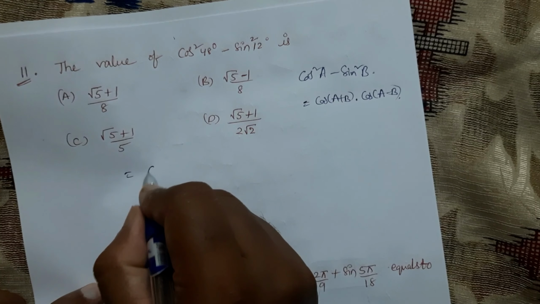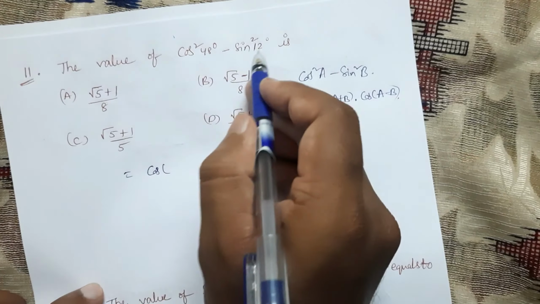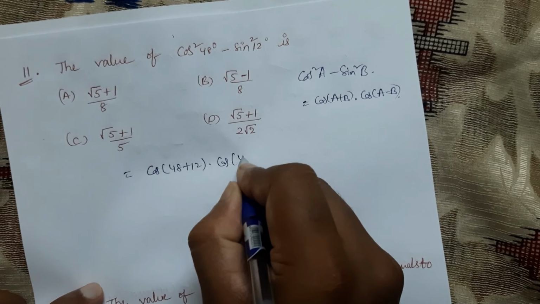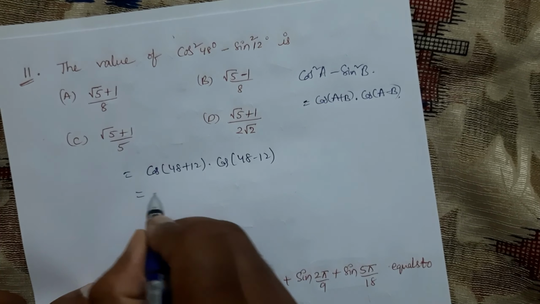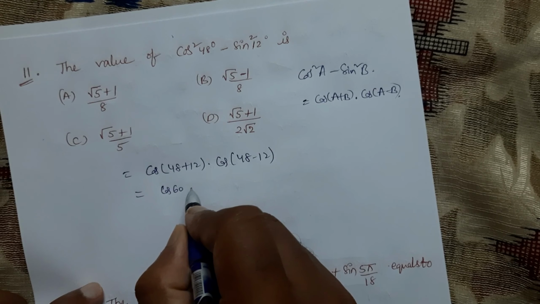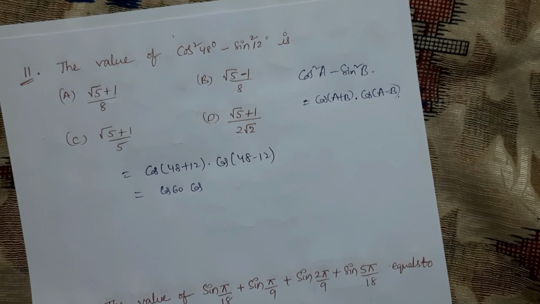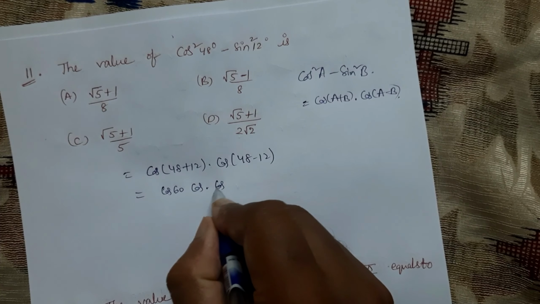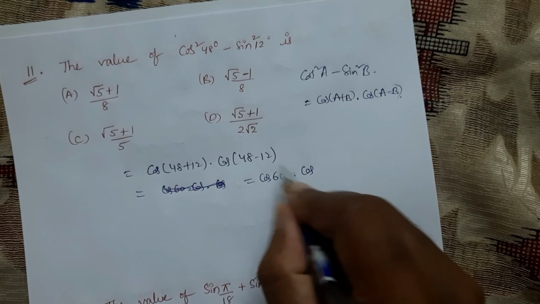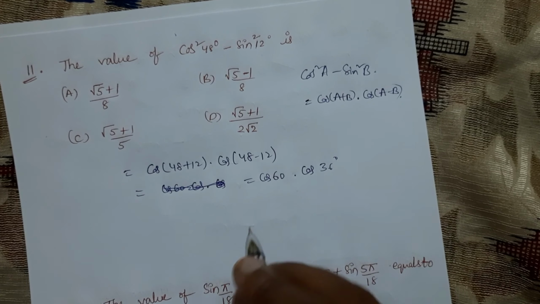Cos of A plus B, nothing but cos of 48 plus 12, into cos of A minus B, 48 minus 12. So cos of 48 plus 12 is cos 60 degrees, into cos of 48 minus 12, which is 36 degrees.